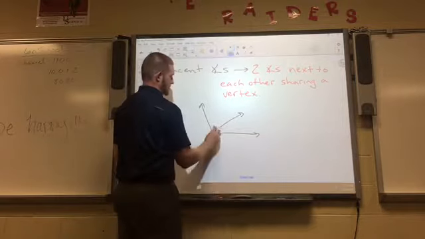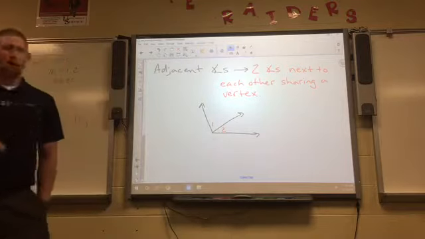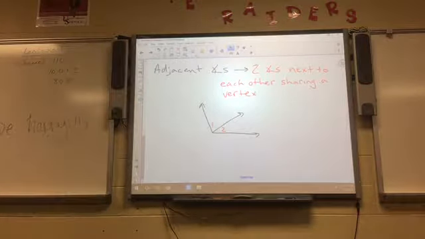So if I label these as angles 1 and 2, are those two angles adjacent to each other? Yes. They share a common vertex, and they're next to each other, right?